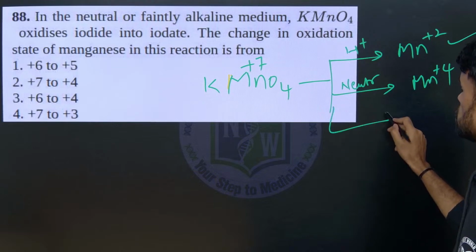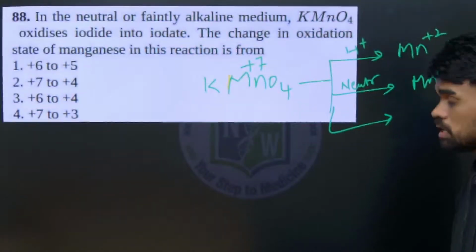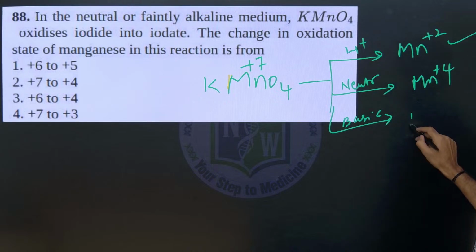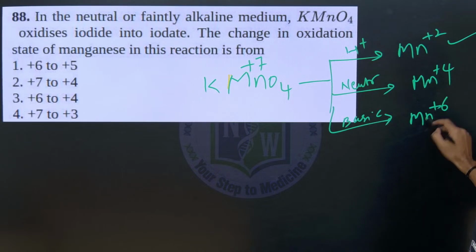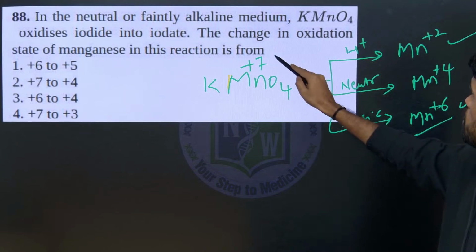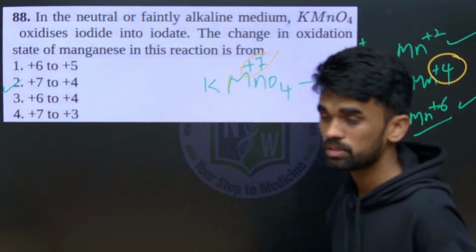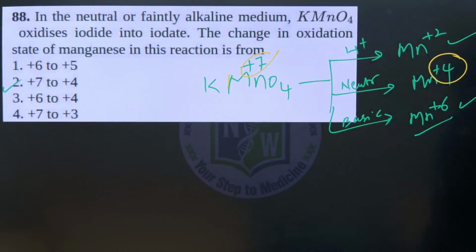If it is strong basic medium, strong alkaline, it will convert into Mn plus 6. So based on this explanation you can directly choose plus 7 to plus 4. So option number 2, right. That's it for this question.